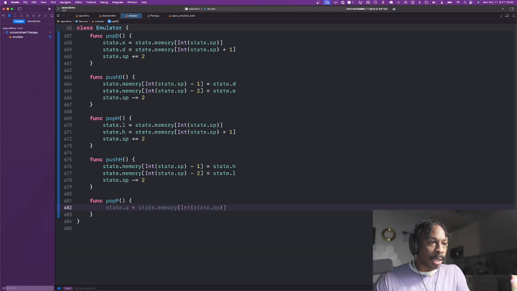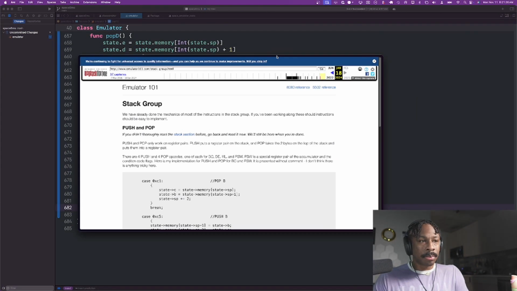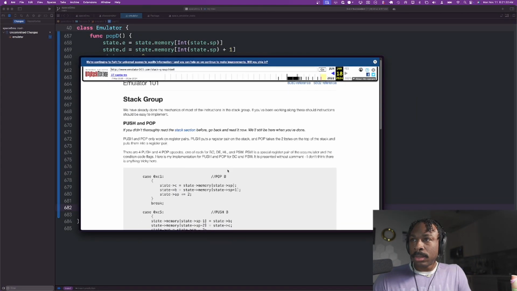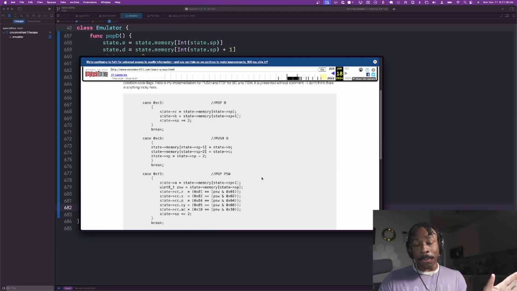All right, let's see. Pop P. So this one has to set a bunch of flags. Alright, I'm bringing the tutorial back on the screen. This is so much better of a format than what I was doing before.